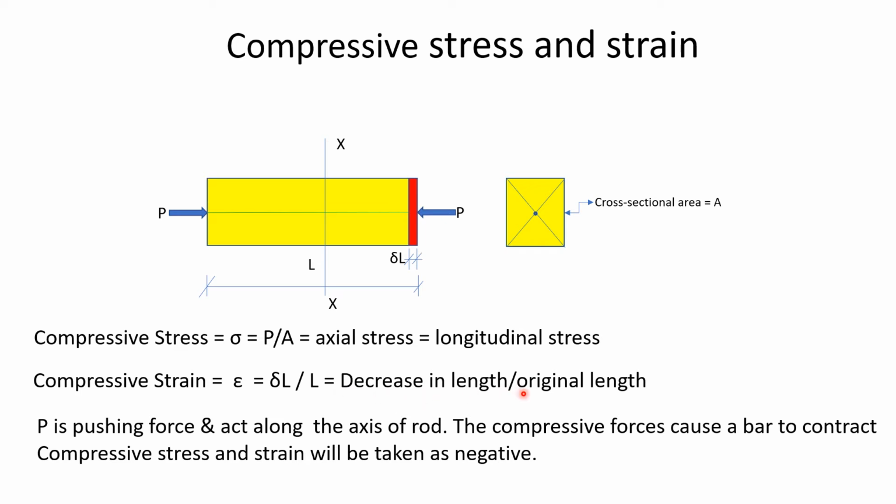So the decrease in length upon original length, that is delta L upon L, will be called strain. Here this is the original length which has been shown as L, and here there is a decrease in length. So here P is a pushing force acting along the axis of the rod, and this compressive force causes a contraction in the bar. So compressive stress and strain will be taken as negative.